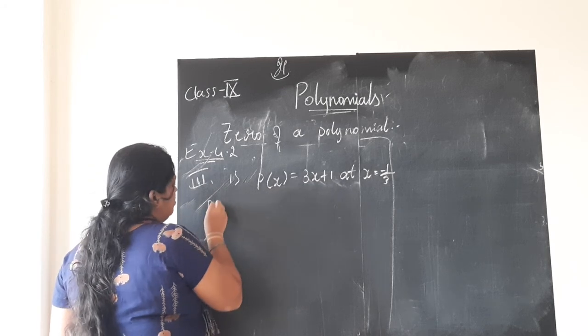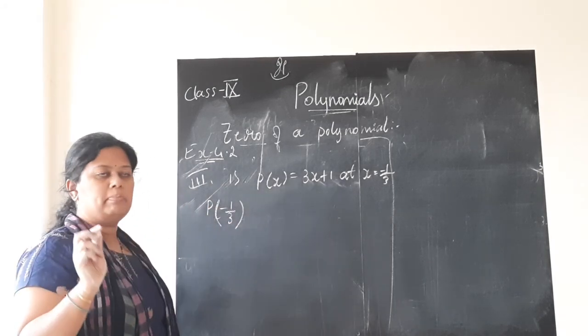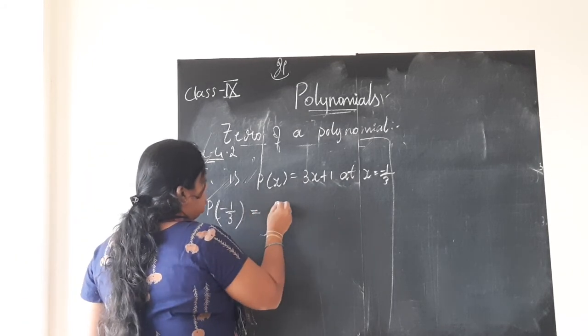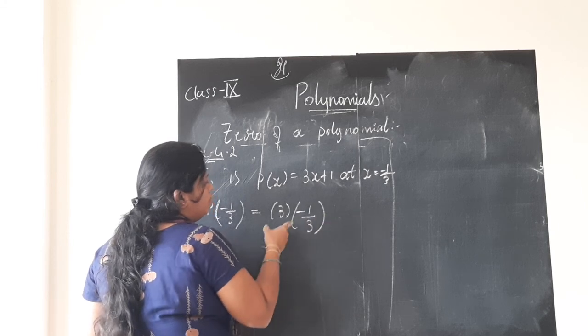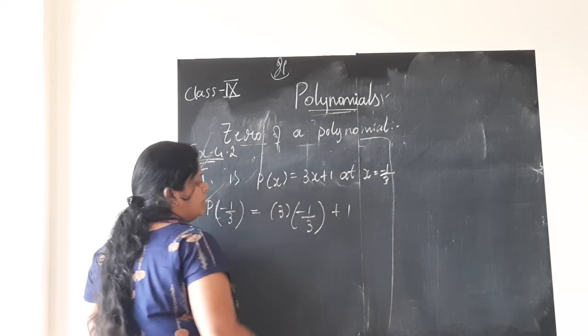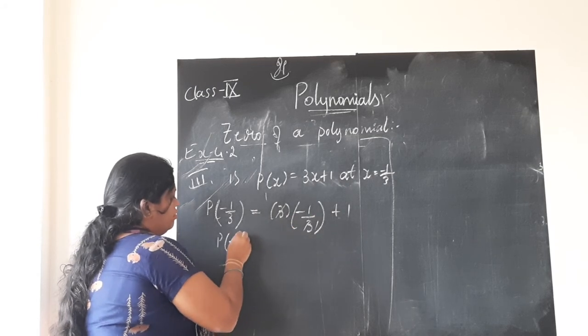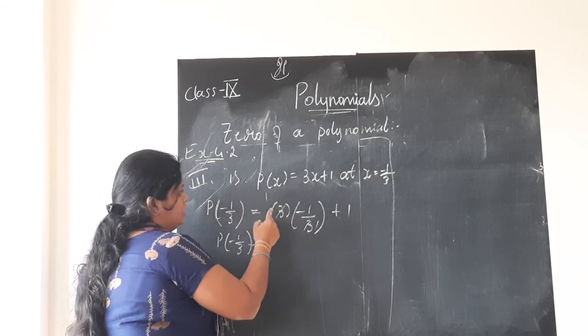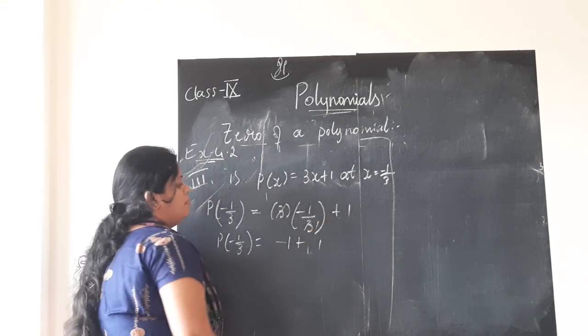At x is equal to minus 1 by 3 means it is P of minus 1 by 3 is equal to 3 in one bracket into x is there. So into minus 1 by 3 plus 1 as it is. See here, 3 ones are 3 ones are. P of minus 1 by 3 is, it is just minus 1 and plus 1 I got.